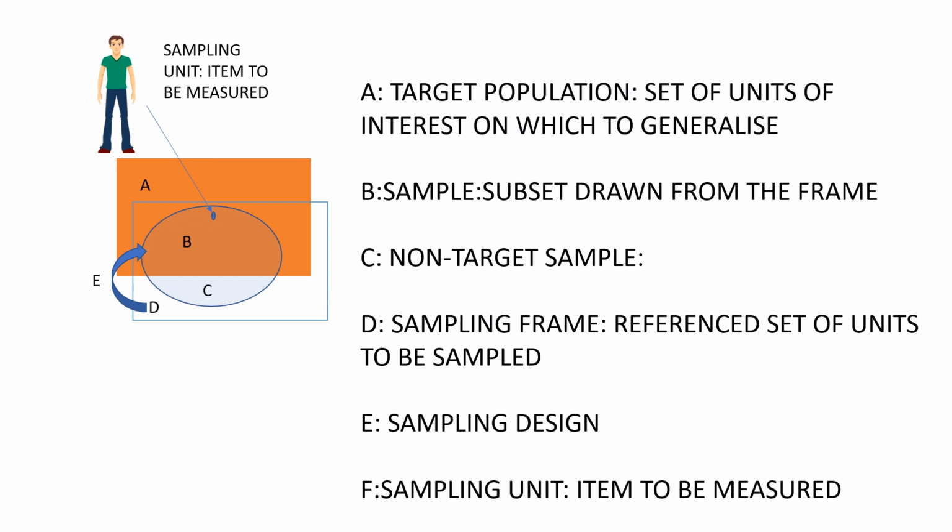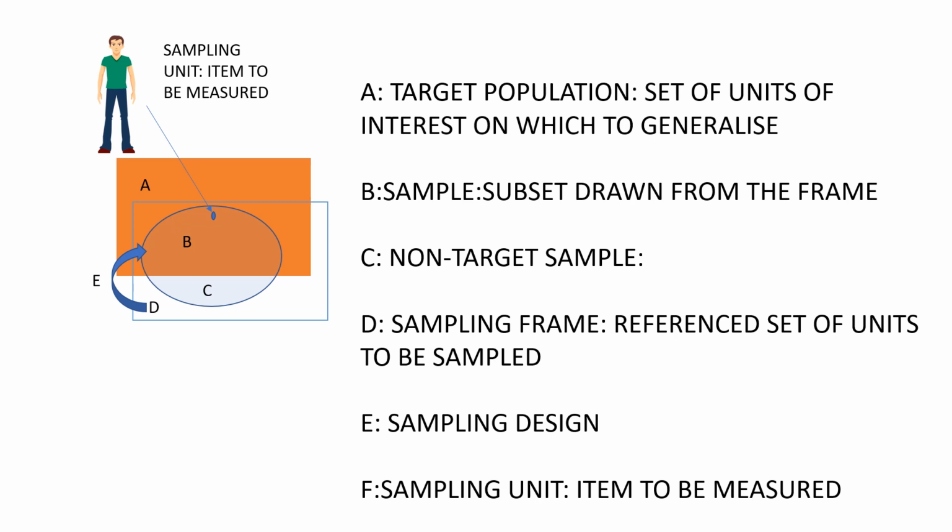Here, the brown colored rectangle represents the target population. It is a set of units of interest on which we will be generalizing the result we get from studying the sample. And B, that is the blue colored oval shape, is a subset drawn from the frame.